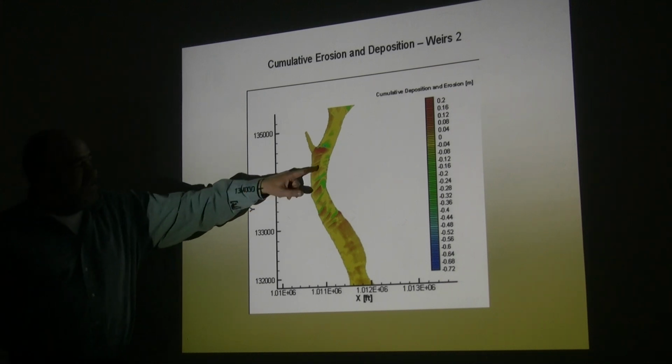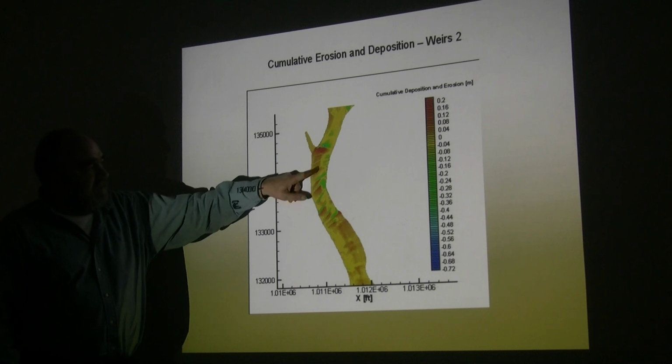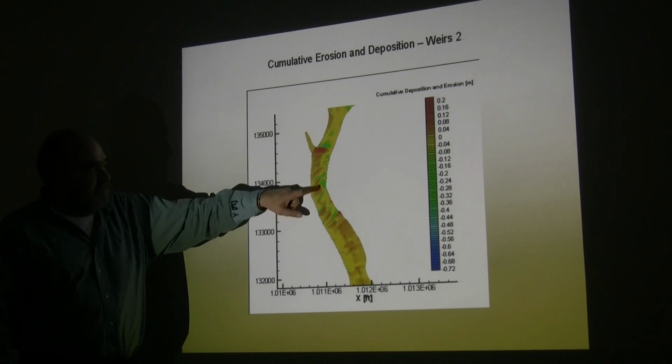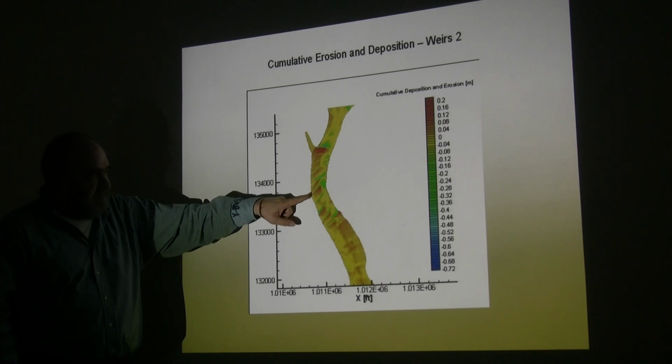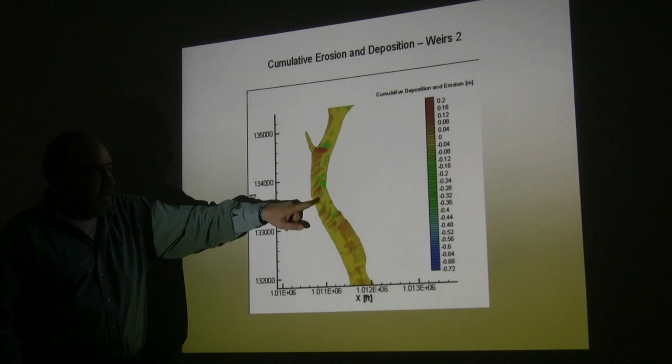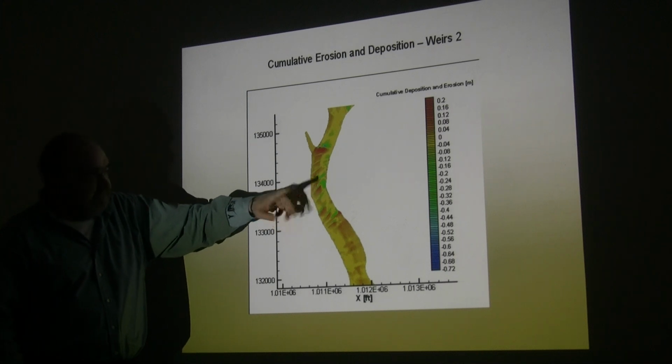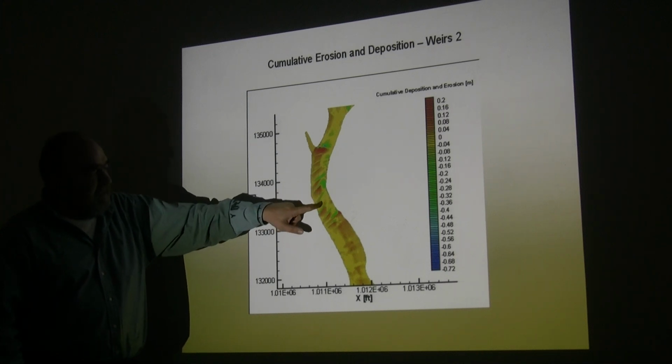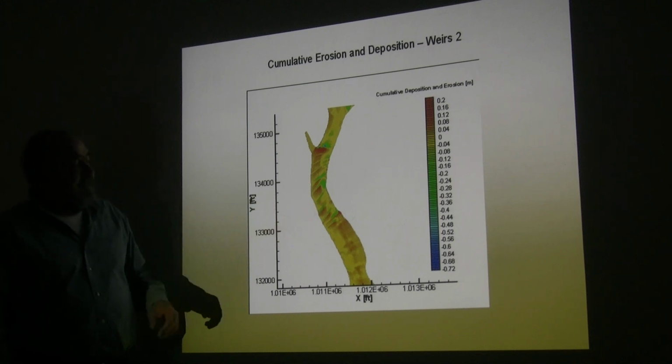So those streaks here, so greenish, show the location of weirs. There is erosion immediately downstream from the weir, and then further downstream deposition. Again, erosion at the weir, immediately downstream, and then further downstream deposition.